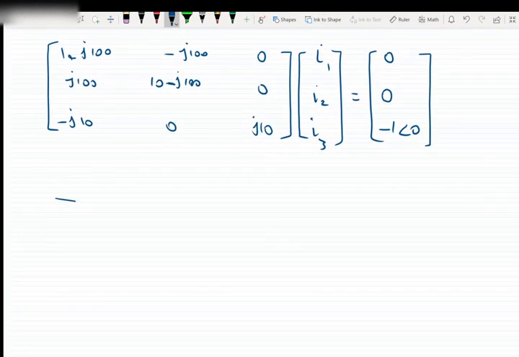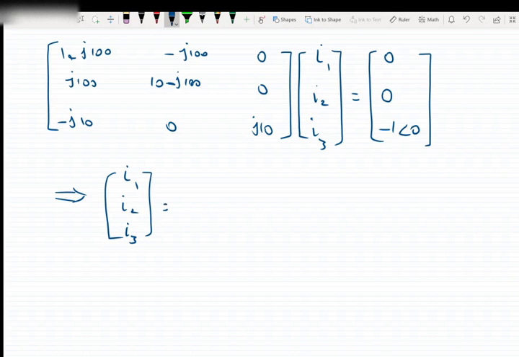If we solve this matrix multiplication, we will have I1, I2, I3 equal to 0, 0, 0.1 with the angle of 90.